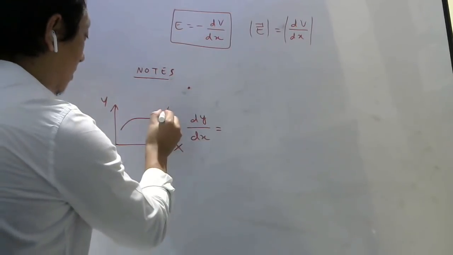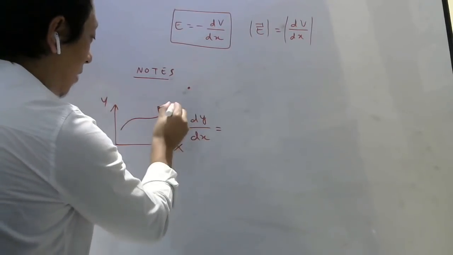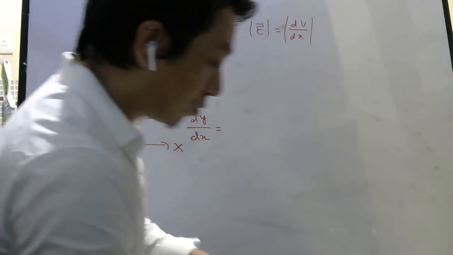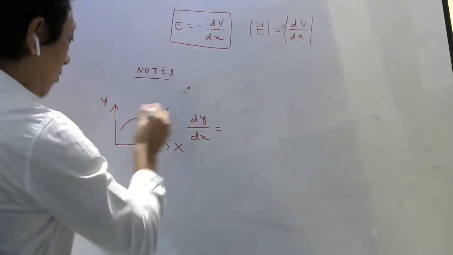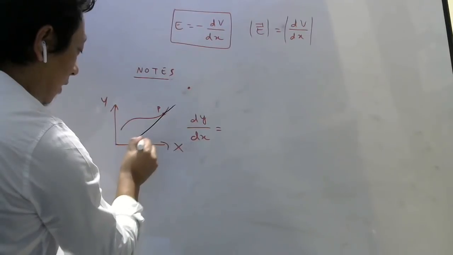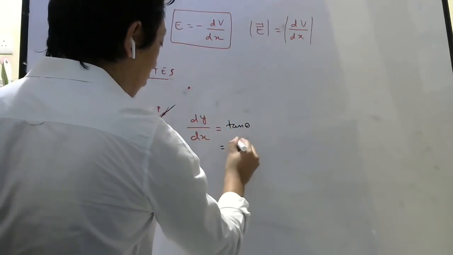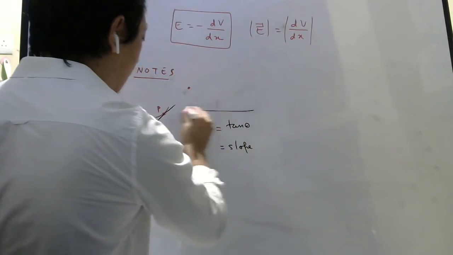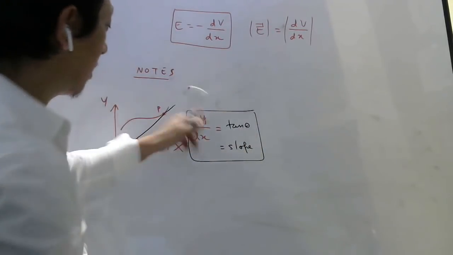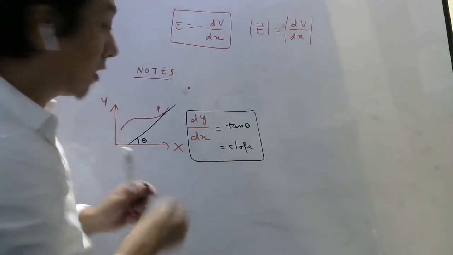If you are at this point and want to know dy by dx, what do you do? You have to draw a tangent to that curve at that point, and whatever angle it makes, that will be your tan of theta, and that all of you know is called slope. Slope of the y-x graph at that point, or slope of the tangent at that point.